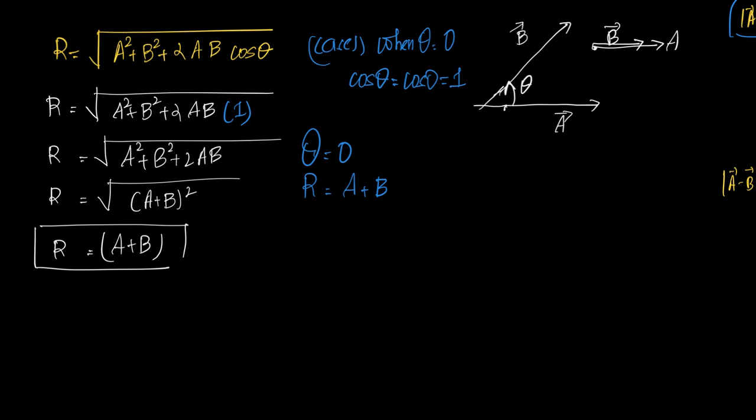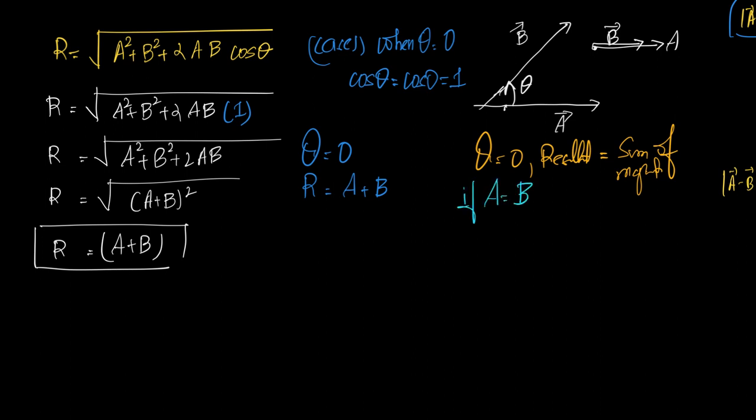Now physically this means that when theta is equal to 0, the resultant vector will have a magnitude equal to the sum of magnitudes of the individual vectors. Now we need another case here, which is if A is equal to B, which means if we have 2 equal vectors under consideration, then R is equal to A plus A, which is equal to 2A.